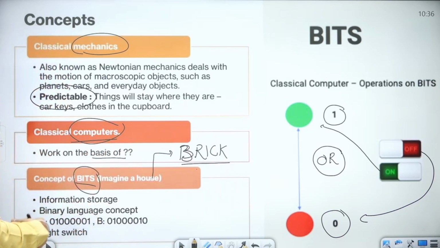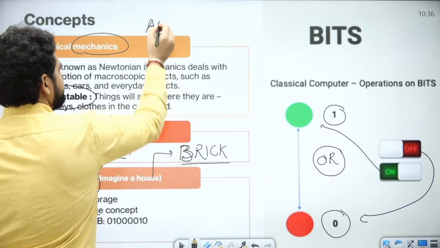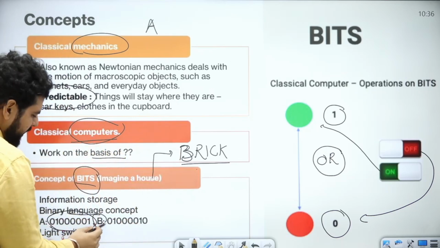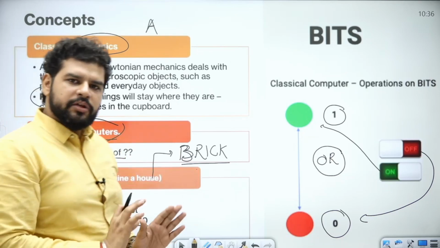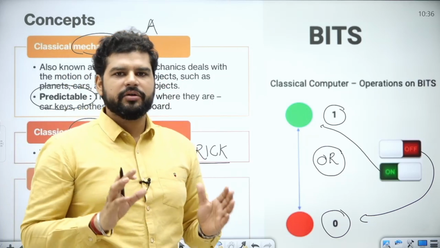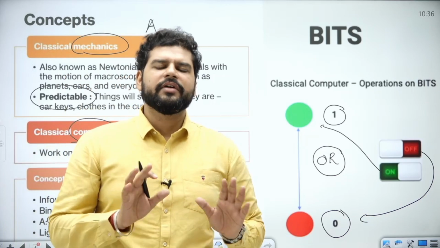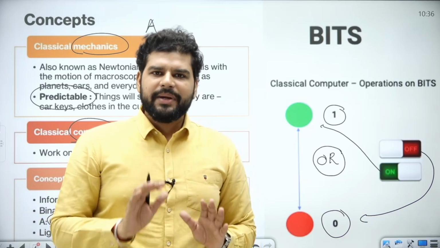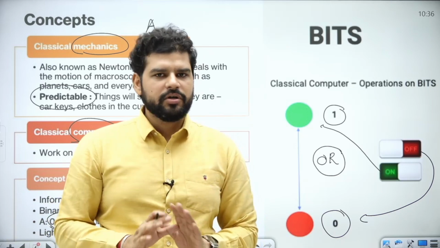So if we want to write A in a bit language, it will look like this. And if we want to write B, it will look like this. So just to explain you a little bit, if you imagine, let's say you are sitting on a laptop or a keyboard or whatever, wherever device where you are typing A, B, C, D. If you type A, you look at the keyboard, and either it is a physical or a virtual keyboard, doesn't matter.